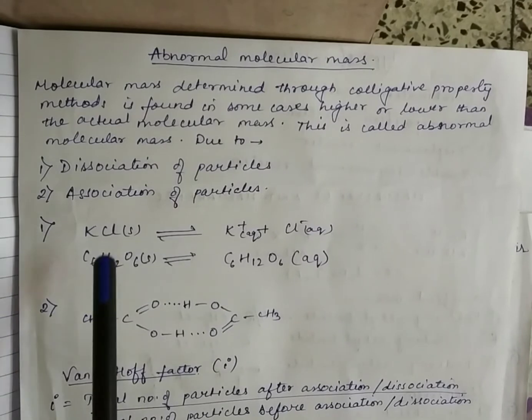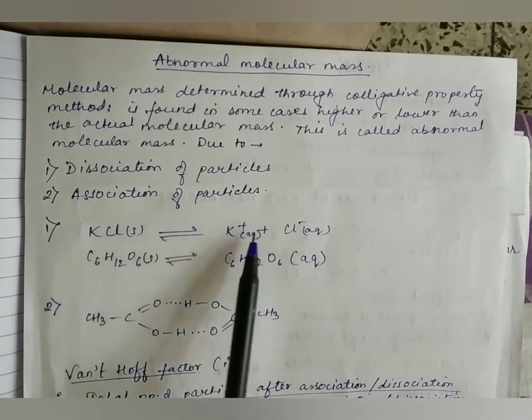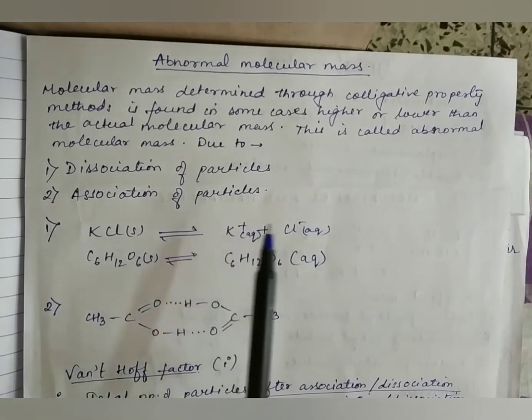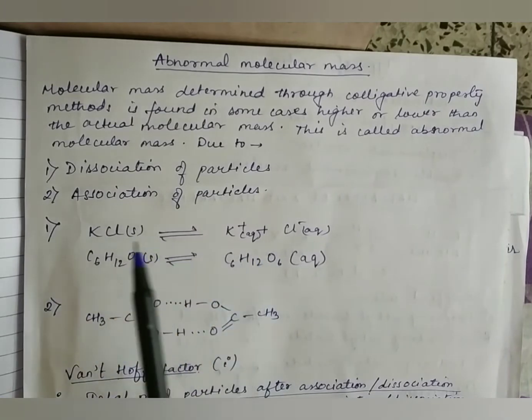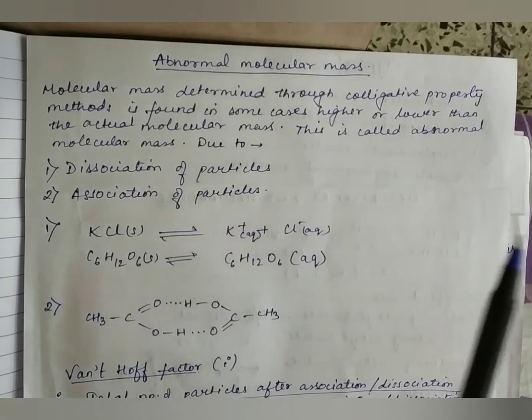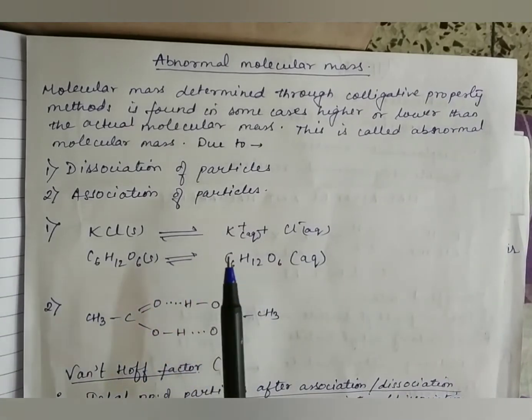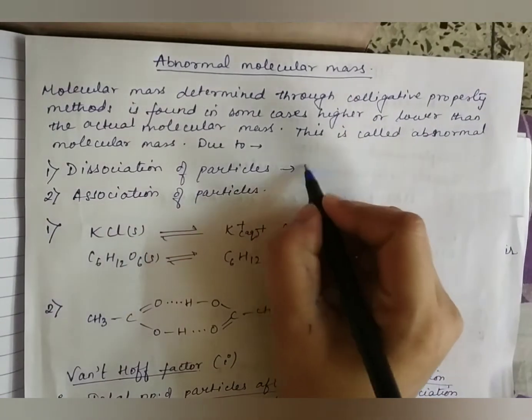But due to the dissociation of KCl, the number of solute particles present in the solution is 2 moles, whereas in case of glucose it is 1 mole, so in case of KCl the observed colligative property will have a higher value than in case of glucose. So due to the dissociation of particles, the observed colligative property has a higher value.